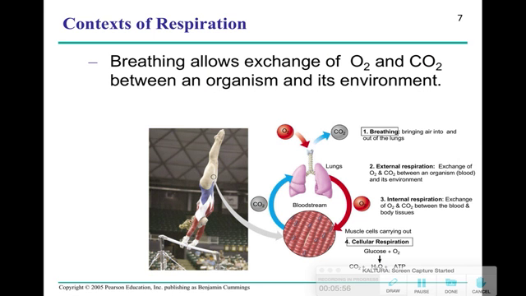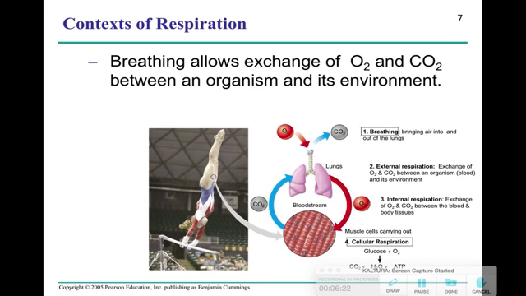Different types of cellular respiration. Cellular respiration is only one kind, but the word respiration is used in many contexts. Just simple respiration is breathing of air into the lungs and out of the lungs. Inhale, exhale. External respiration is exchange of these gases between an organism's blood and its environment, so outside to inside.